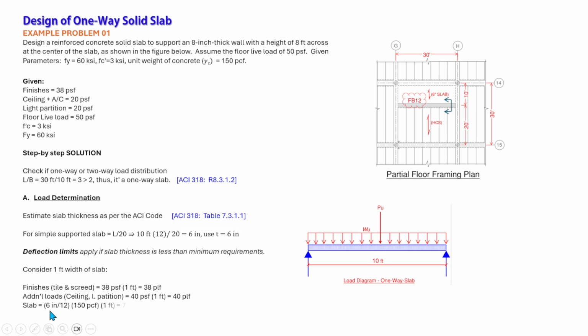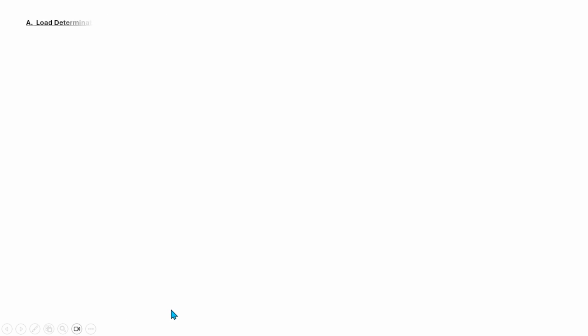For the slab, we use 6 inches divided by 12 times 150 pcf, that is equal to 75 plf. So now let's continue to determine the uniform dead load, that is equal to 38, the finishes, plus the additional load of 40 plus the 75 for the thickness of the slab, and that is equal to 153 plf. That is the uniform distributed dead load.